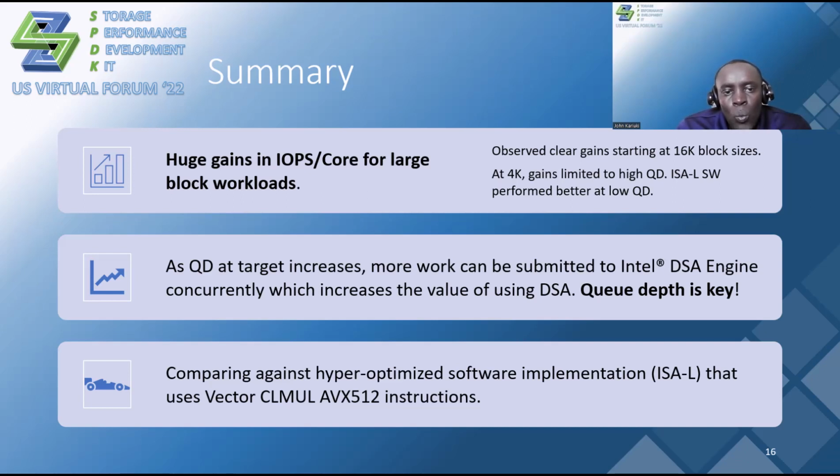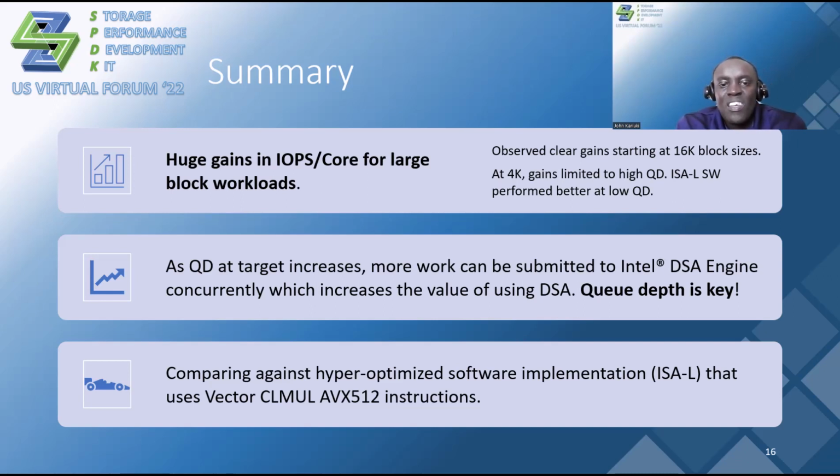So what we did to try and understand how good ISA-L was is we did a test where we configured the target application to use the CRC32 CPU instructions that are available in Intel CPUs. And we collected the IOPS and computed the IOPS per core and compared that to the numbers that we have for ISA-L. And basically, what we saw is with ISA-L, we were measuring over 20% more IOPS per core versus not using ISA-L and falling back to using the CRC32 CPU instruction.